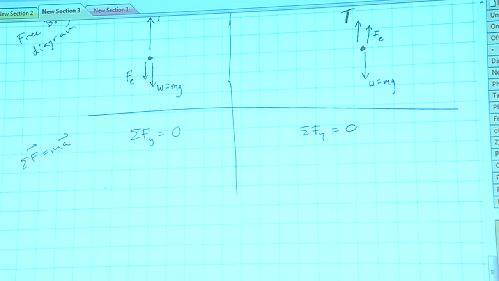And what do we get? Tension minus Fe minus the weight has to be 0. I chose up as my positive direction. And over here I get tension plus Fe minus the weight is 0. Is that right? And so which one is bigger, the tension in case A or the tension in case B?